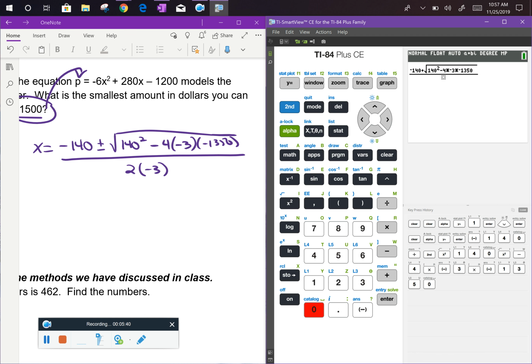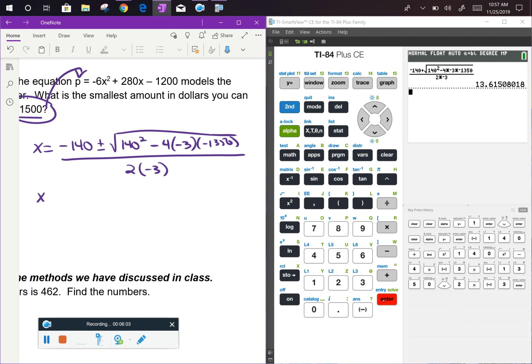You could use parentheses instead of times signs if you just like that better. And then we're going to go down in the denominator and we're going to do 2 times negative 3. So I literally typed in exactly what I wrote on my paper, so there's no human error of trying to do stuff in my head and being silly. Then we're going to hit enter, and poof, we're going to get an answer.